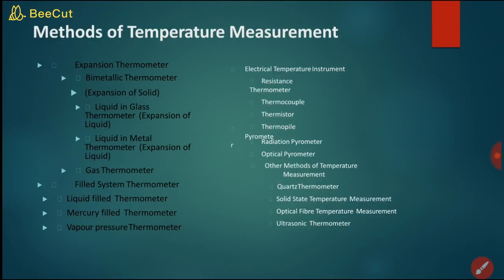Now student, we have the methods of temperature measurement, that is expansion thermometer, in which you understand the bimetallic thermometer, expansion of solid, liquid and gas thermometer, and various other thermometers. We discuss this step by step.